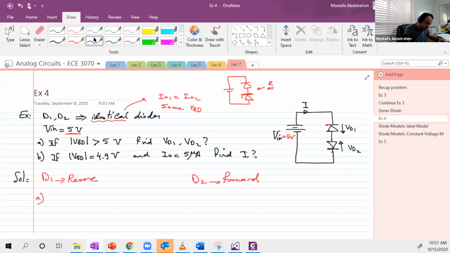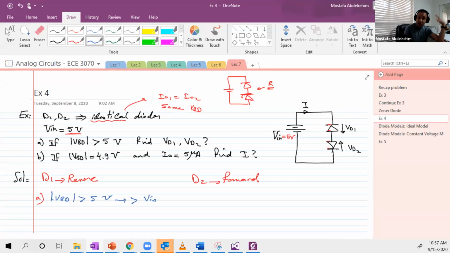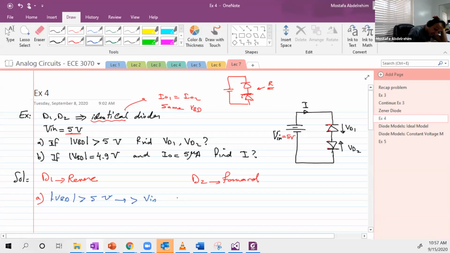Okay. Good. Now in A, the breakdown voltage is larger than 5 volts, which is larger than the input voltage. So based on our experience now, we know that D1 will not go to breakdown, or we will assume that.